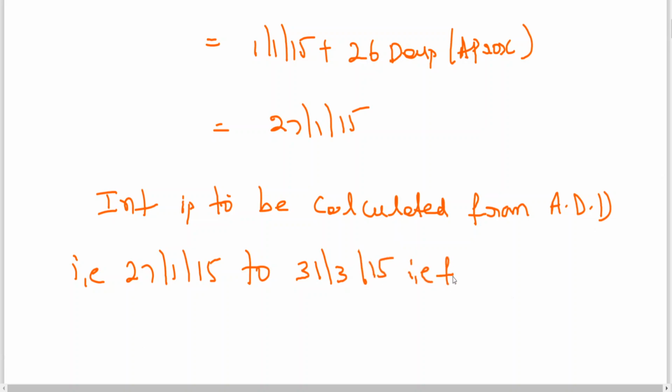That is for how many days? So you have January 4 days, no? 31 minus 27, 4 days. January 4, February 28 plus March 31. So therefore you have to calculate interest for how many days? 63 days.